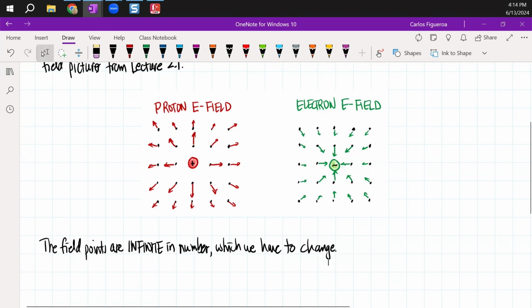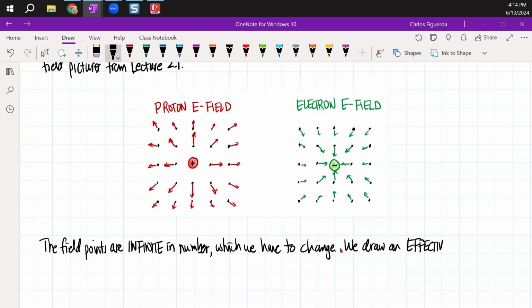So what we do here is draw an effective picture of field lines.